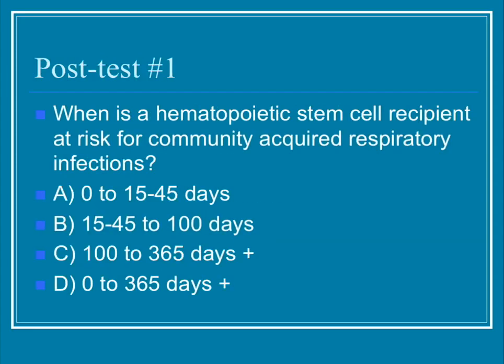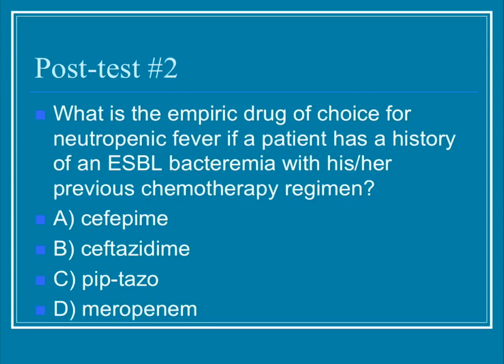So, going back to those questions we had: when is a stem cell transplant patient at risk for community-acquired infections? It's D, it's all the time, because they're exposed to other people all the time. What is the empiric drug of choice for neutropenic fever in a patient who has a history of ESBL in the previous chemotherapy regimen?